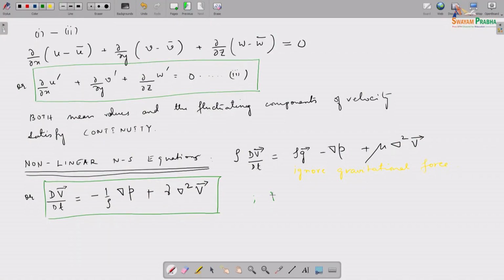Let us say we have a velocity where we have the three components, right. For a particular case we shall consider the u component or x component or i component of the velocity.